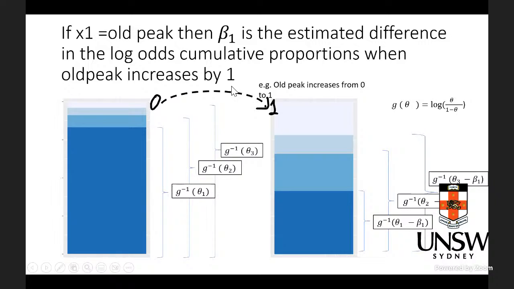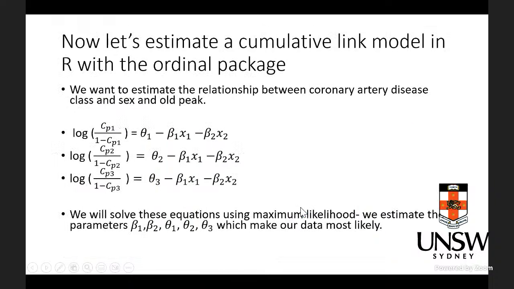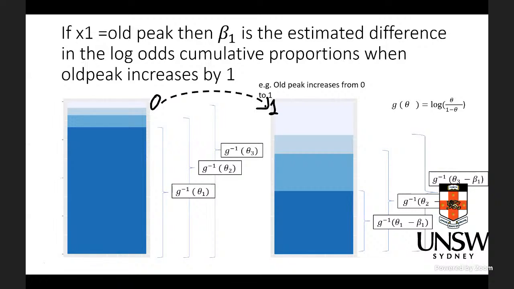And then if old peak is 1, the distribution shifts to the right. And so you can see in 1, you've got far fewer people in class 1, and then it's decreasing cumulative probabilities.